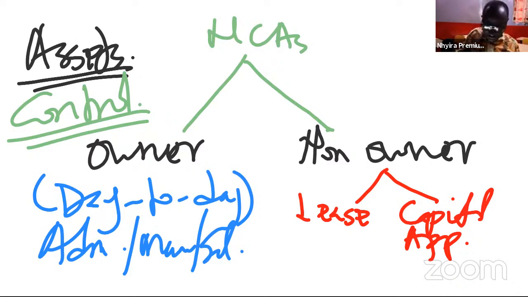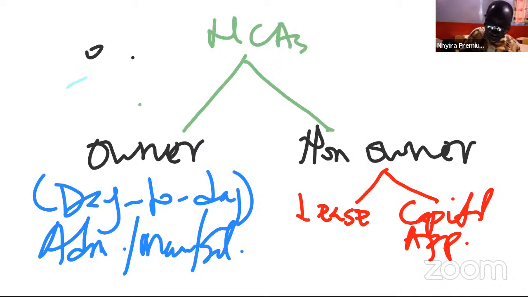So what are we saying? We are saying that when it comes to tangible non-current assets, two things you must understand off the bat: that it can either be an owner-occupied non-current asset or a non-owner-occupied non-current asset. Again, we said that owner-occupied non-current assets simply means that the business is using the assets in its day-to-day operations, either for administrative purposes, for manufacturing purposes, or even as a showroom.